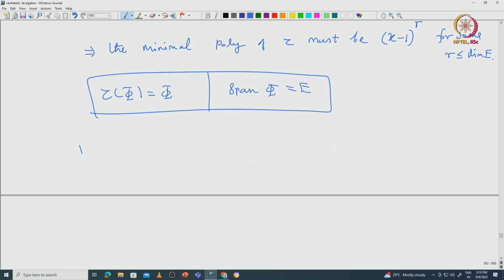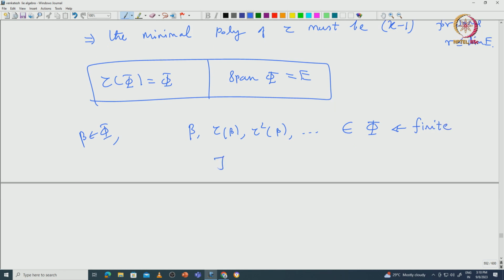So, let us take some beta in phi and then observe that this beta, tau beta, tau square beta and so on, cannot all be distinct, okay, because all these are elements of capital phi and capital phi is finite. So, that forces that there exist some powers i and j such that tau power i beta must be equal to tau power j beta.